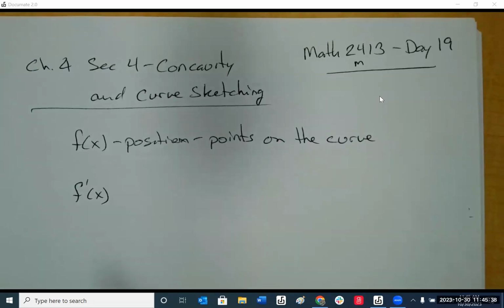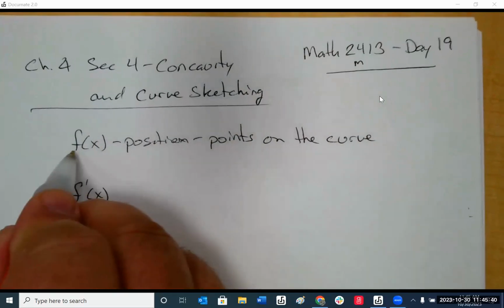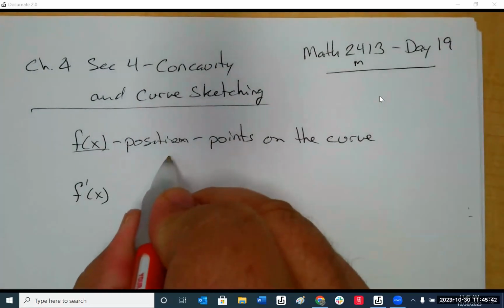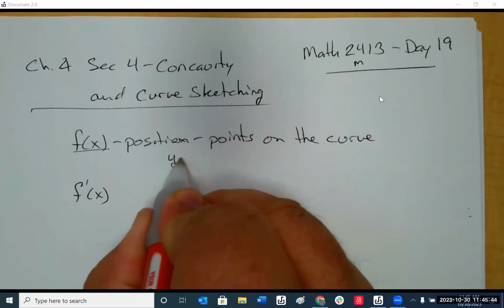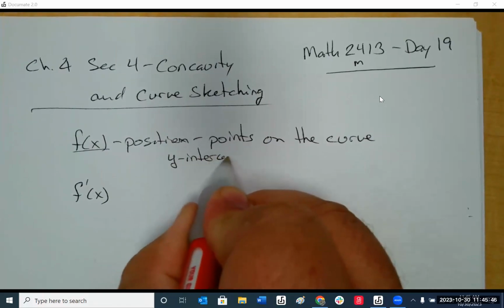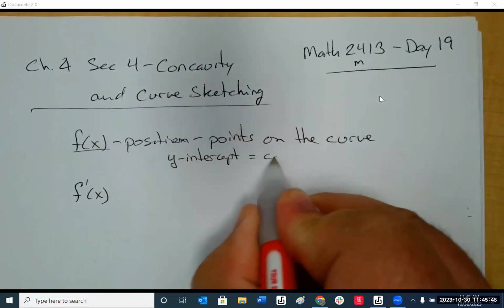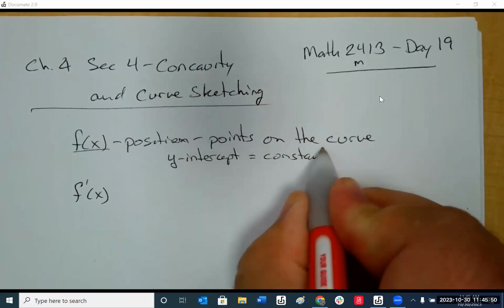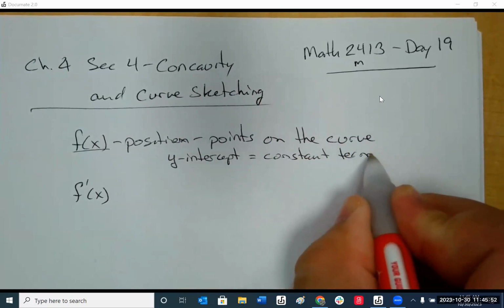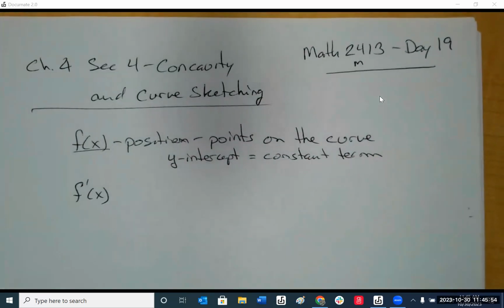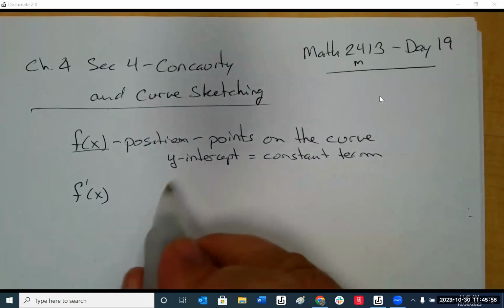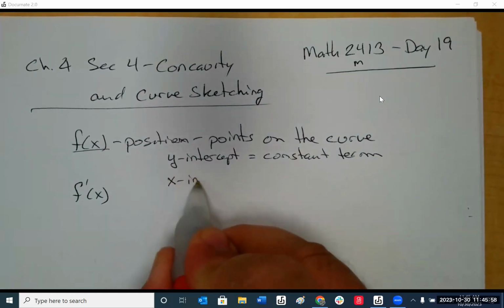By looking at it, we know the x-intercept. That's the constant term. And we can find the x-intercepts.